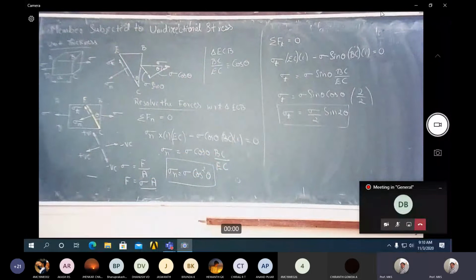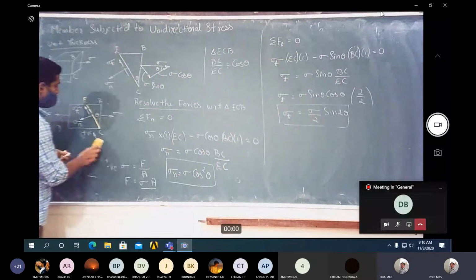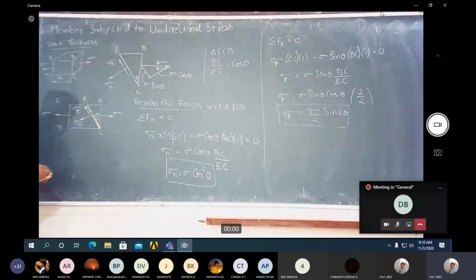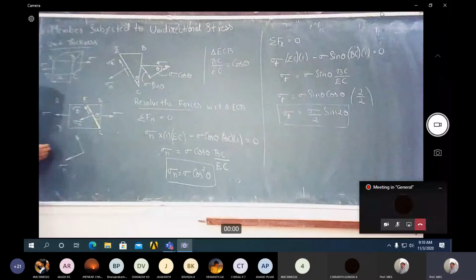Next, you need to find the resultant stress. This is the normal stress, that is sigma n. This will be the tangential stress, sigma t.